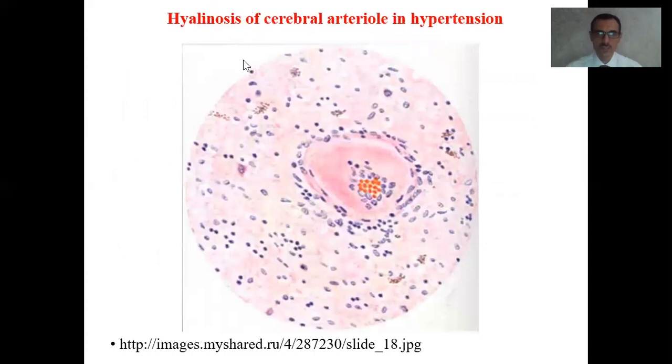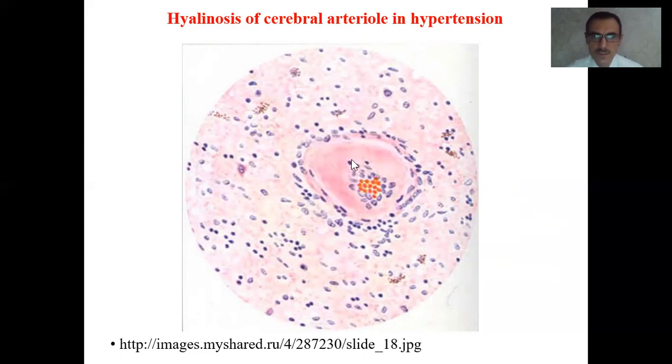Here, as you see, the microscopy taken from the brain tissue, and here we see a section of the cerebral arteriole. As we pay attention, the wall of this arteriole is very thickened and filled with pink material.